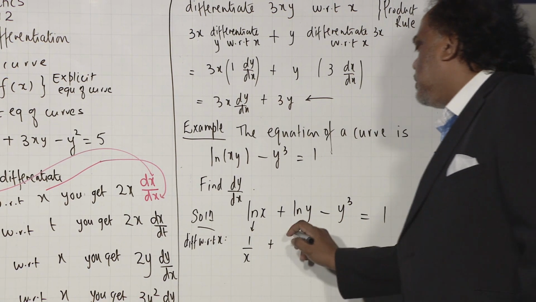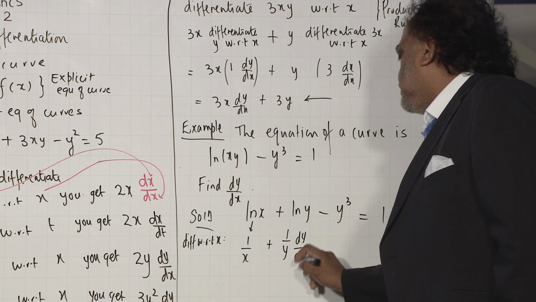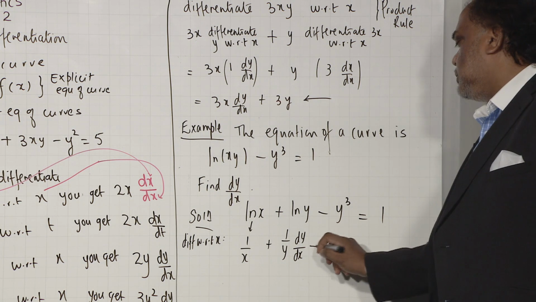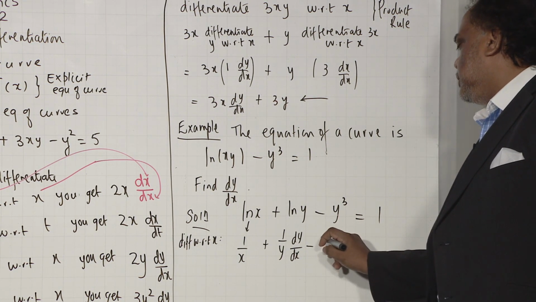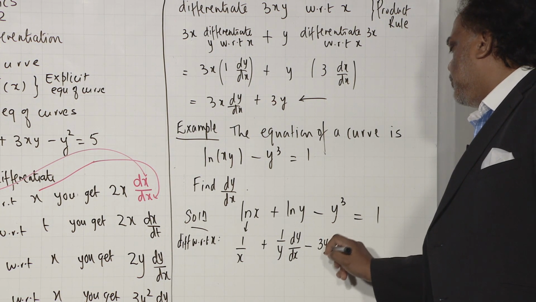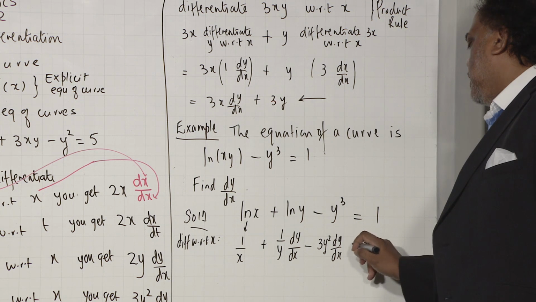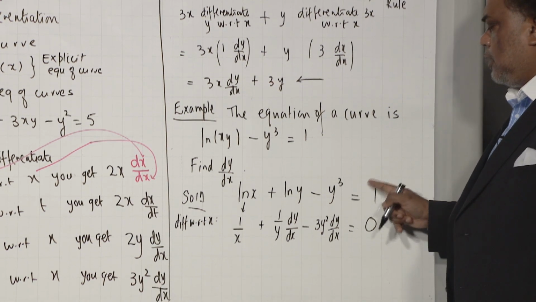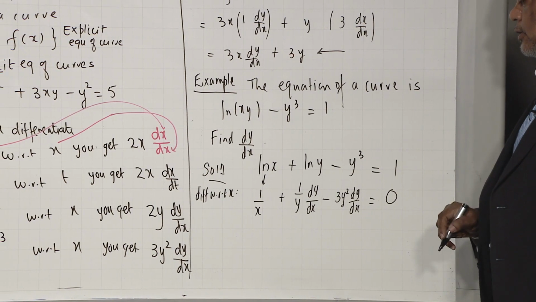Differentiate ln y. 1 over y. Here I'm differentiating a function of y with respect to x, so dy by dx. Differentiate y cubed. So this is 3y squared dy by dx. When I differentiate 1, I get 0. It is a very common mistake for a student to forget to differentiate the constant on the right-hand side.